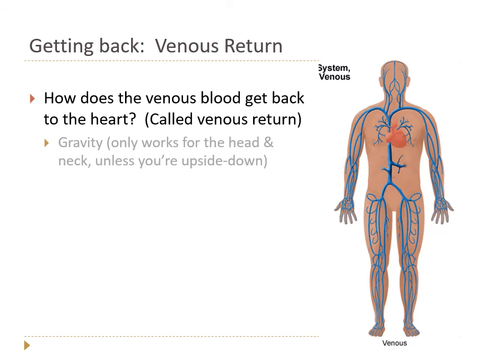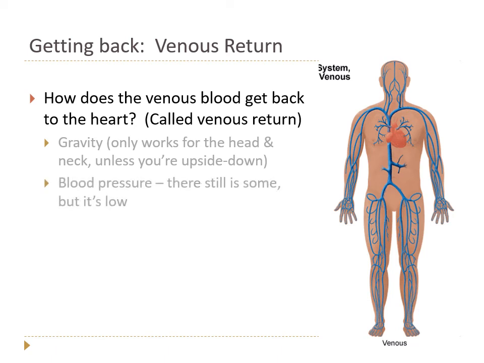Certainly gravity can help you out, but only for your head or your arm if you're holding it up above your head and above your heart specifically, or if you're standing on your hands. If you're doing a handstand or a headstand, then gravity would help you get blood from your feet back to your heart, but it wouldn't help you with the rest. So we can't rely on gravity to do the job for us.